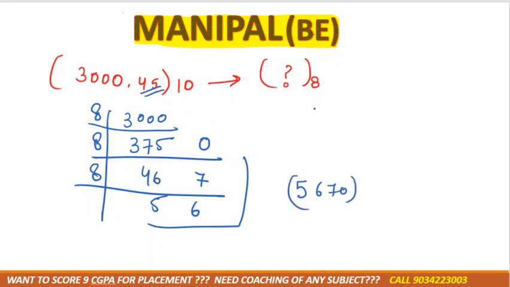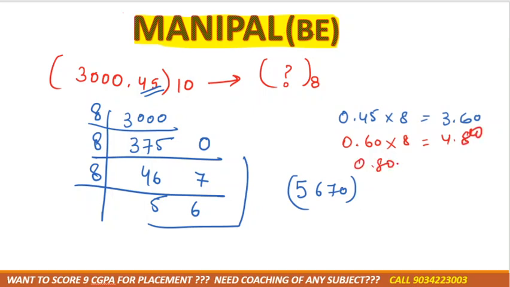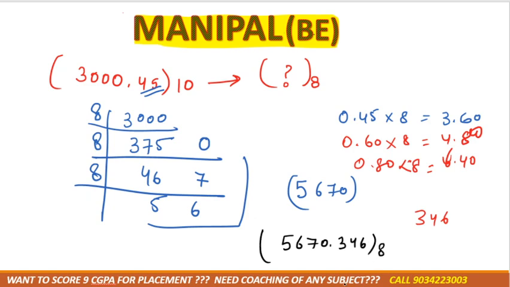Now if we'll do it for the 0.5, so that would be 0.5 multiplied by 8, that is 3.60. Again 0.60 into 8 is 4.0, multiplied by 8 is 6.4. So final answer after combining is 567.